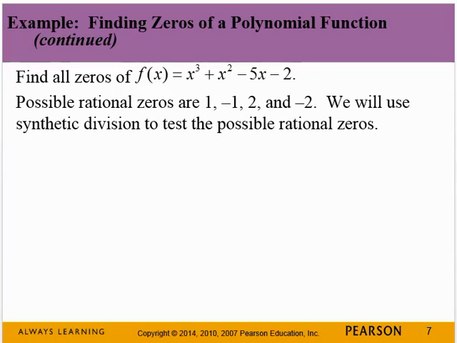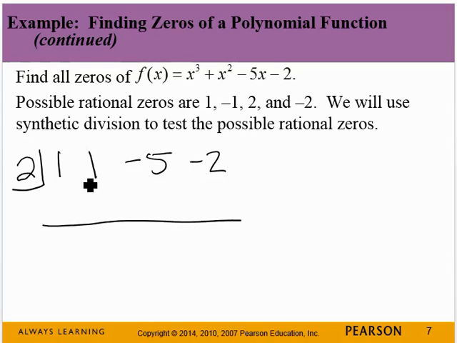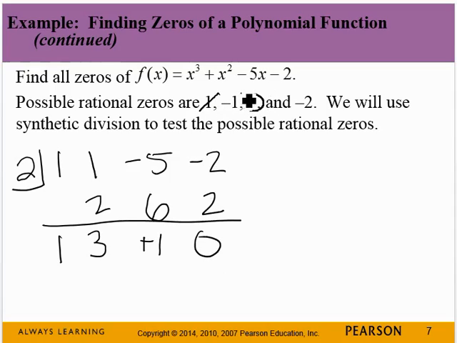So we tried the 1s, let's try the 2s. So now we have 2. Oops, that's positive 1, sorry. So that means 2 is a possibility. Or 2 is a 0. Let's try negative 2.